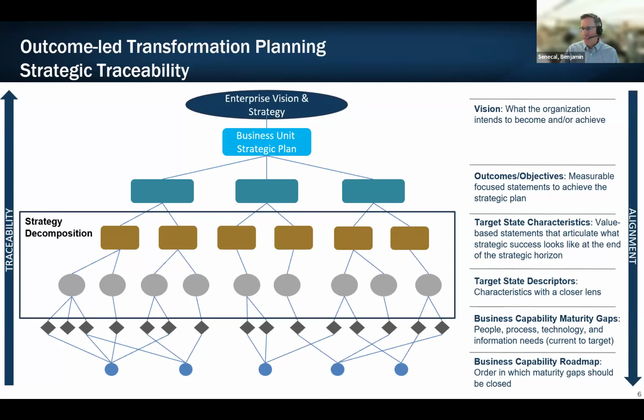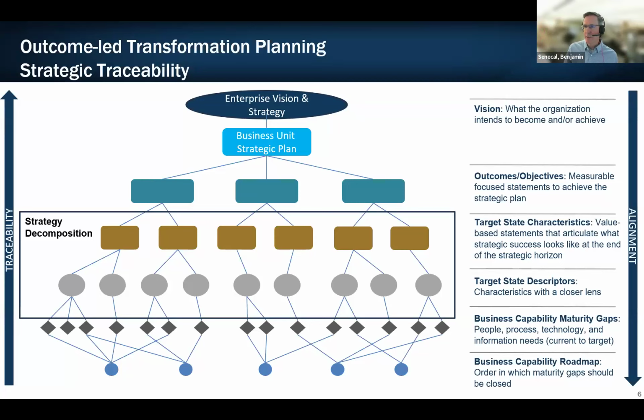That then allows you to identify the business capabilities that are required to get you there, and to look at business capability maturity gaps from the current state to the future state, allowing you to then do capability roadmaps that define the order in which maturity gaps should be closed. So bottom line, you get alignment through this approach and traceability.